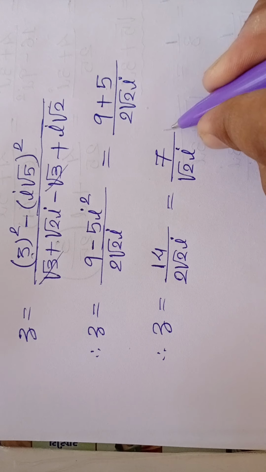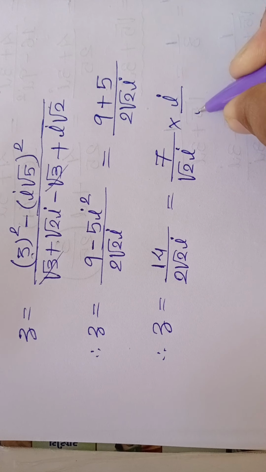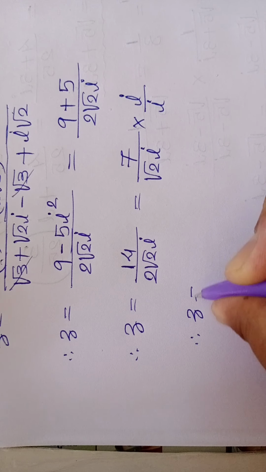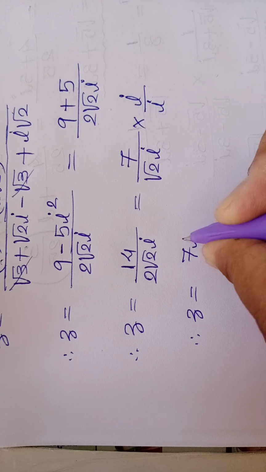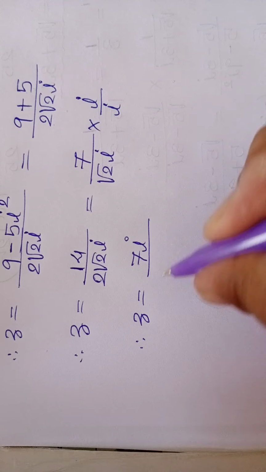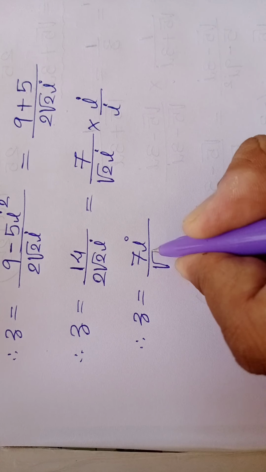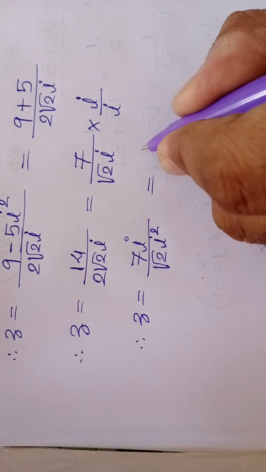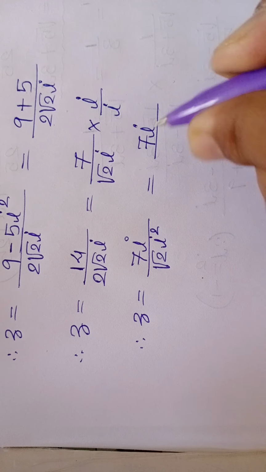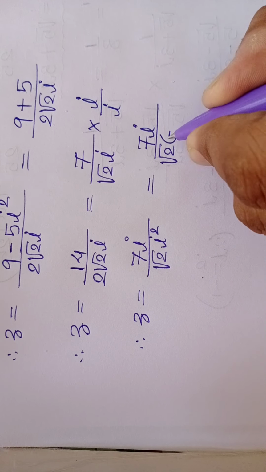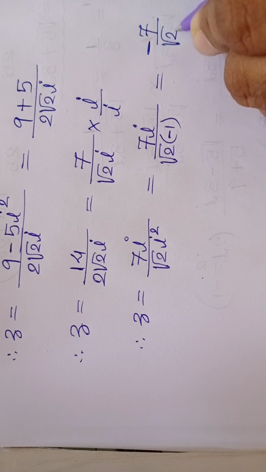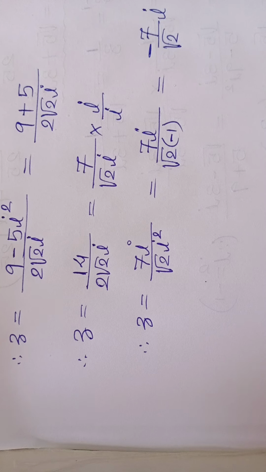So let us multiply and divide by i, removing the surd, and therefore this complex number is now 7i upon root 2 i square, but i square is minus 1, do not cancel it. 7i upon root 2 into minus 1, or we may write minus 7i by root 2.